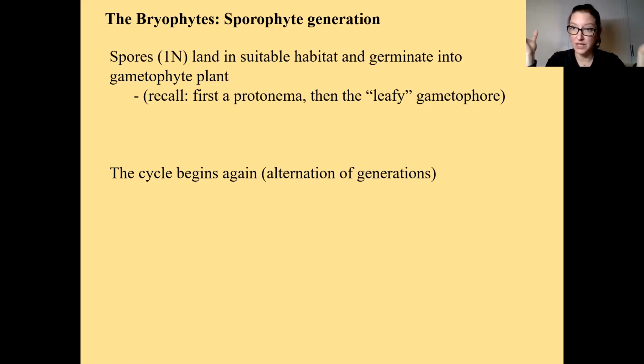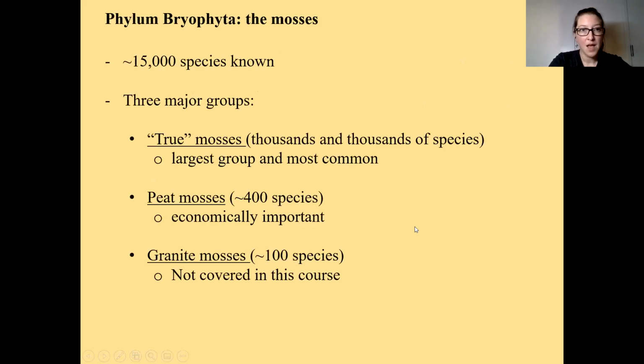Those spores get released by wind, land on the ground, and grow into a gametophyte plant. The gametophyte plant has on it sex organs. You see the pattern going on here. All right, so that's an overview of the bryophytes and their alternation of generations.